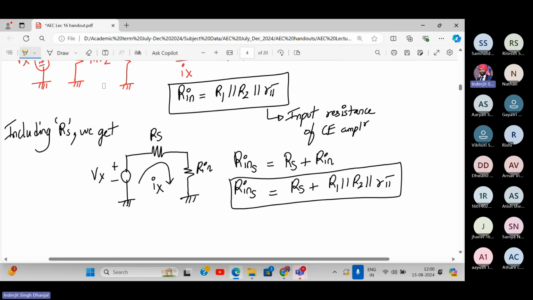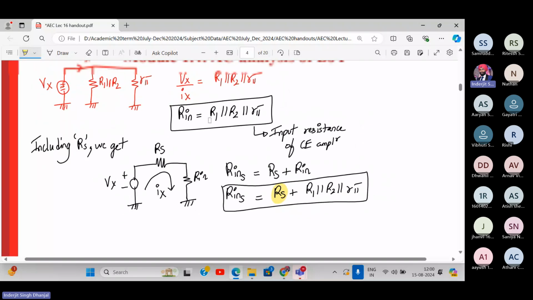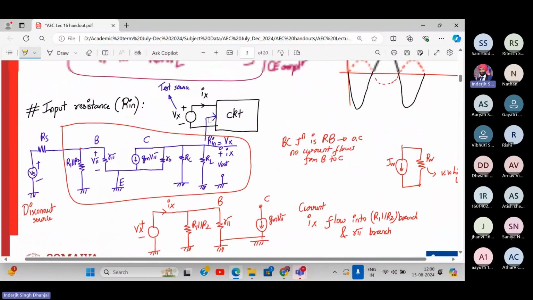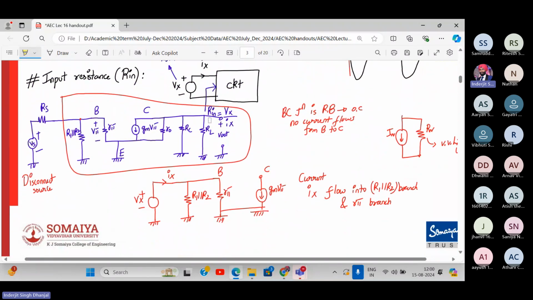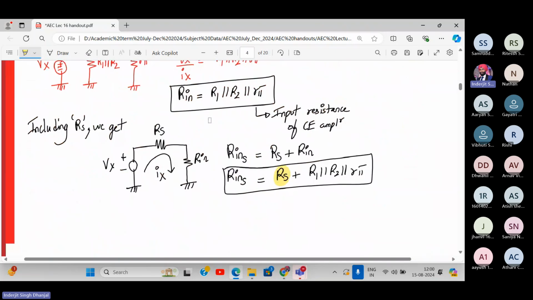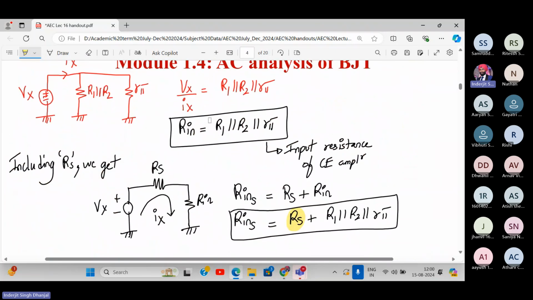So the source resistance got added to this expression. Are you getting it? Okay, clear. So we have derived the input resistance of the amplifier. And I told you the importance of input resistance. It should be very, very high.